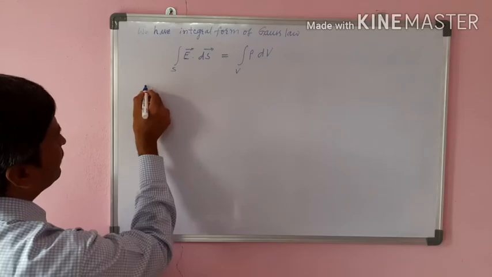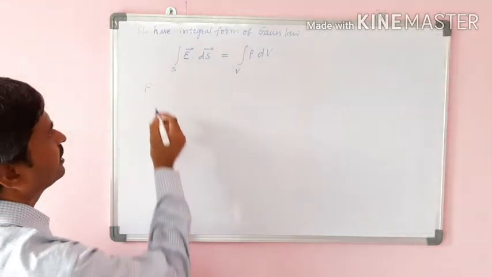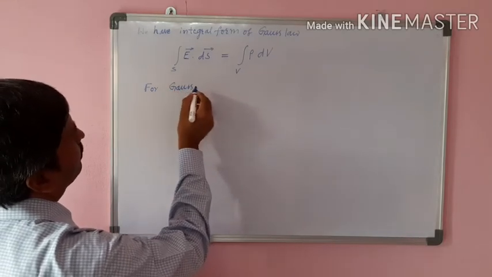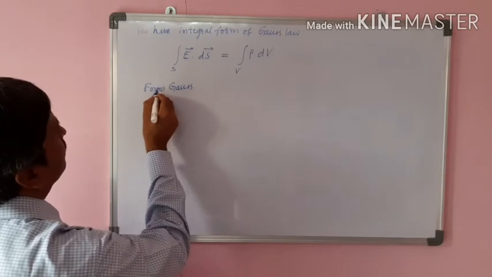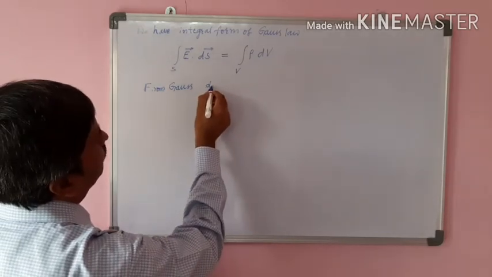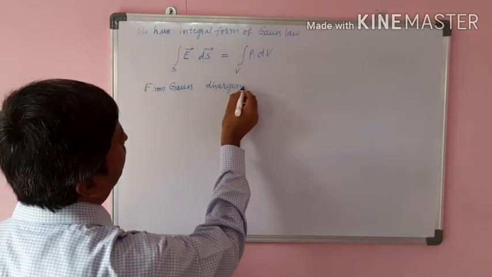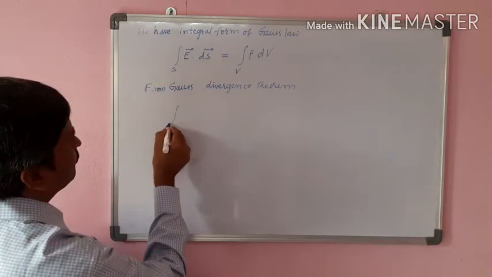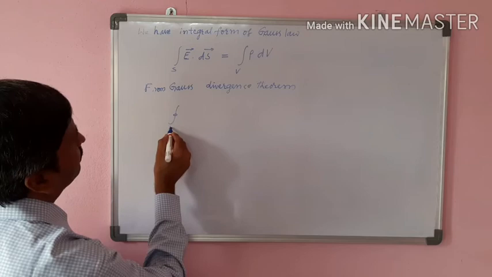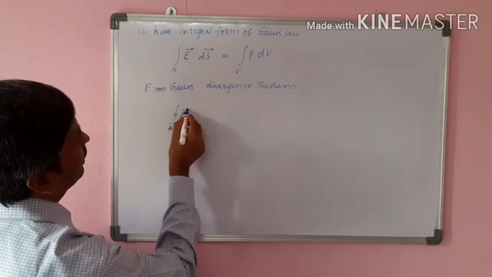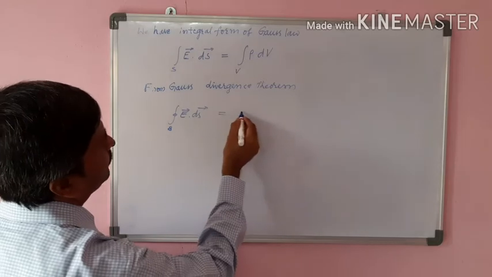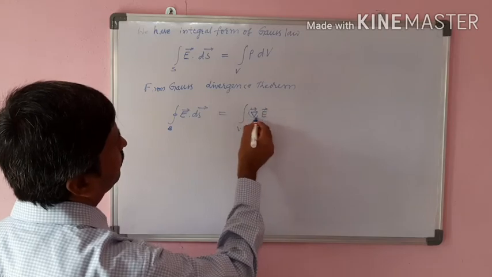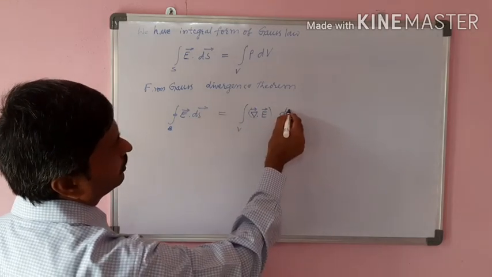Now from Gauss divergence theorem in vectors, which we studied in the first semester, we write surface integral over any closed surface S of E dot ds can be written as volume integral of divergence of that vector into dv.